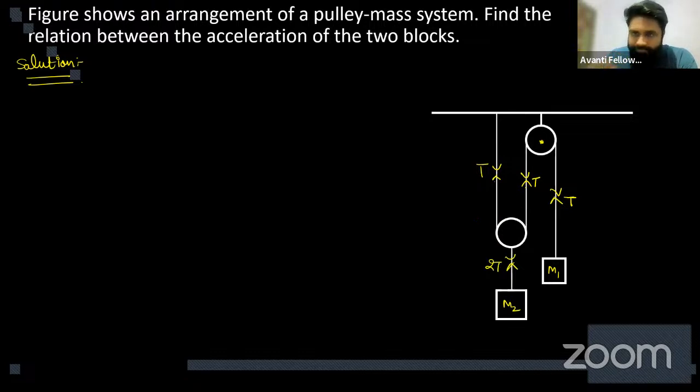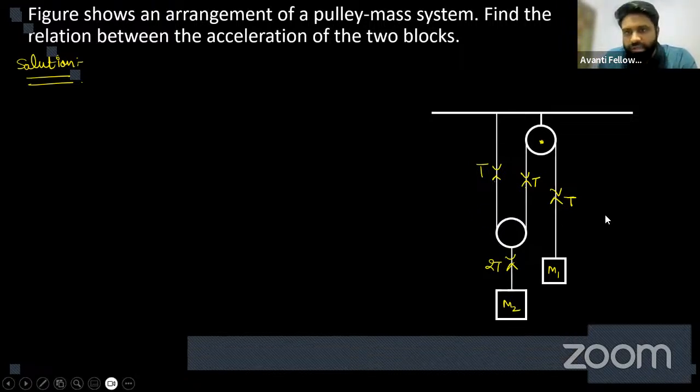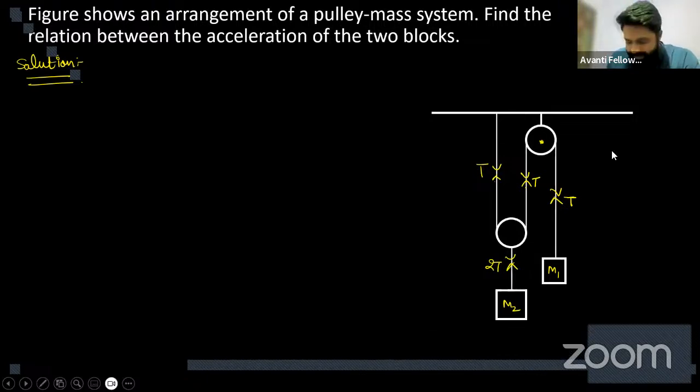Similarly, upward tension T and T is there, so downward will be 2T, the resultant of that, equal and opposite. Got it?